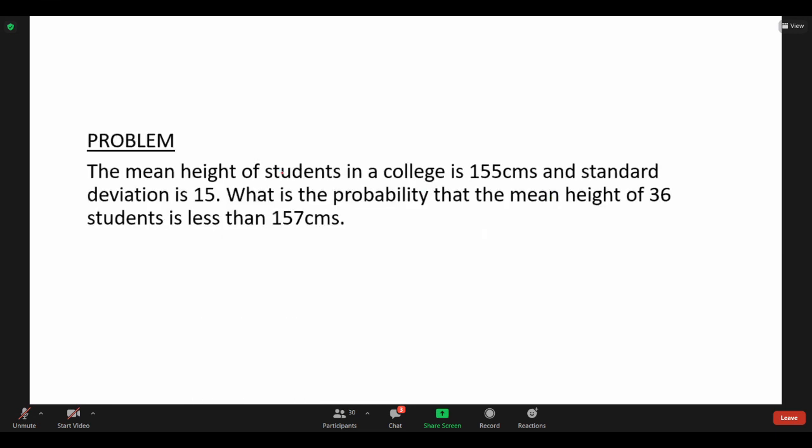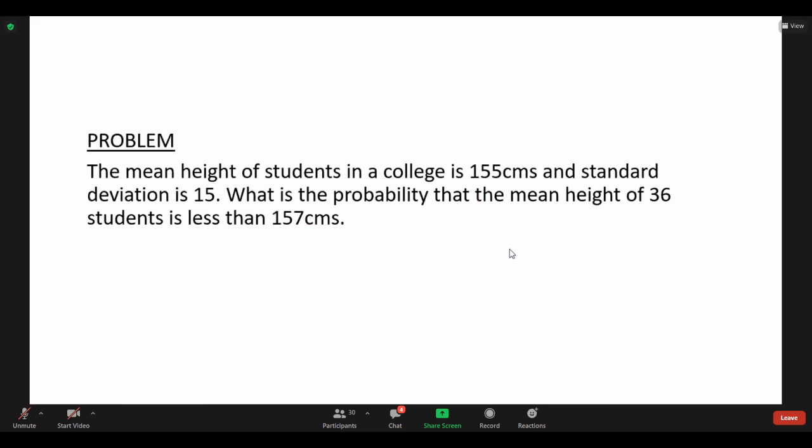Now all of you see the next one. Go through that question and try to solve it. I think this is the same problem we discussed yesterday, right?